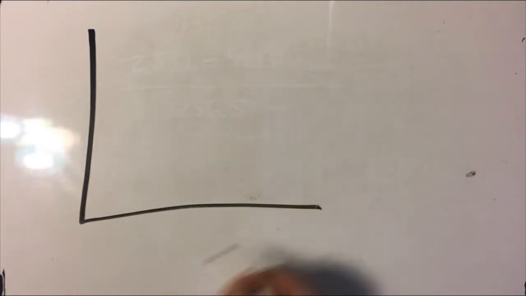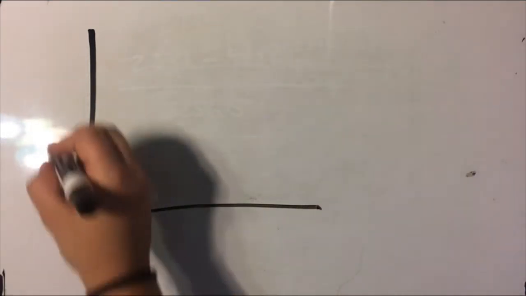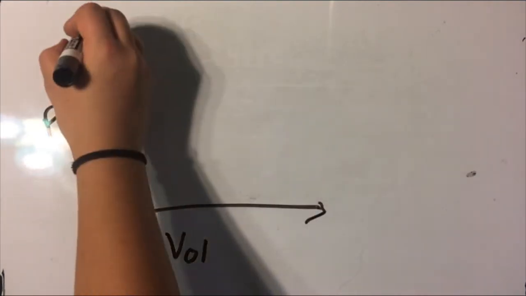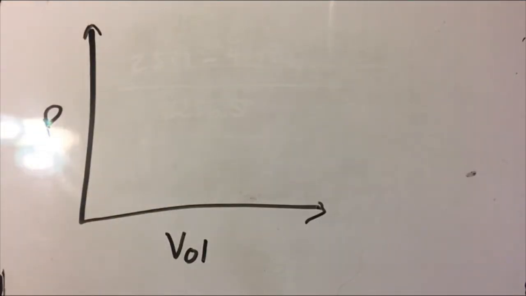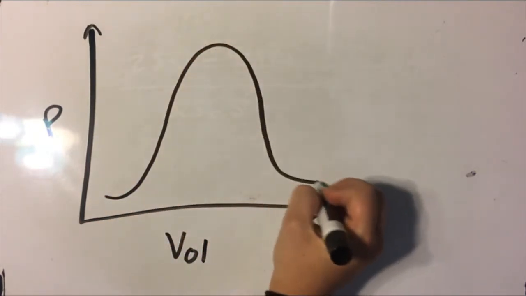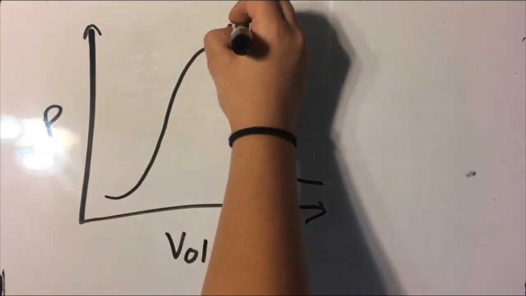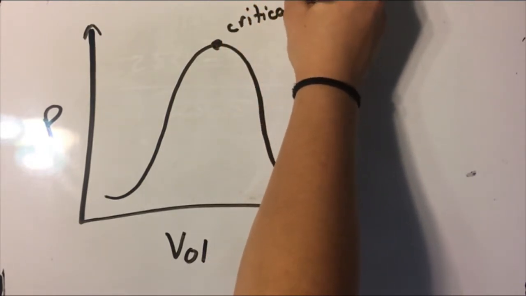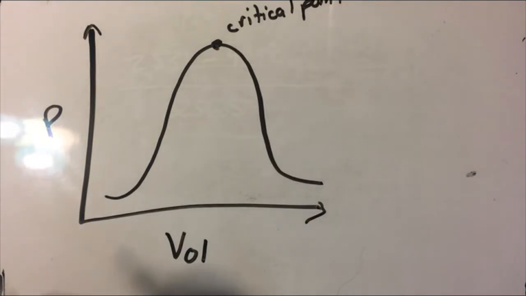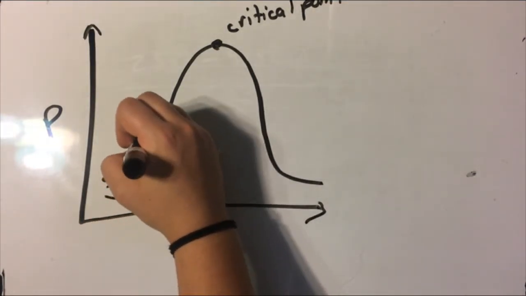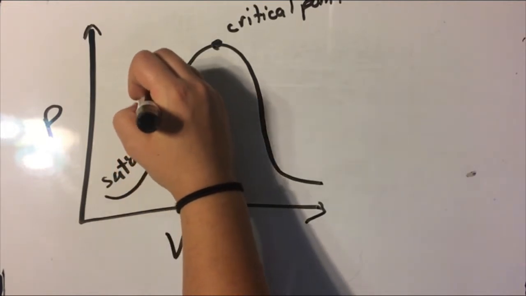All right, and so for the last part, talk about thermodynamic state, I'm going to draw a quick graph here. So this is a pressure versus volume graph. And on this graph, you can do a quick sketch of where the thermodynamic states are going to fall. It looks like a bell curve, where the top is the critical point. And then the left side of the bell is your saturated liquid.